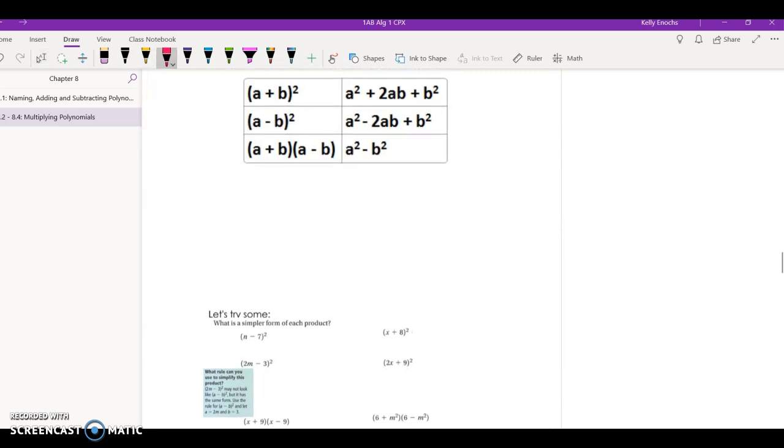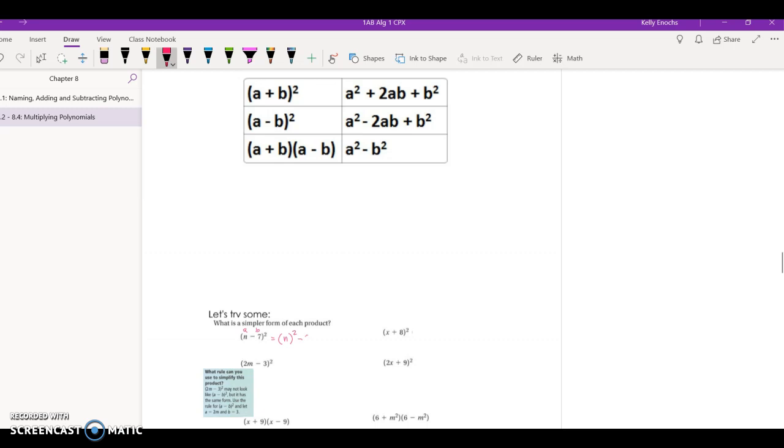In this first example, n minus 7 squared, we have an n term and a negative 7 term. So imagine that's our a and our b. If I had a minus b squared, then I'm going to use this pattern up here, a squared minus 2ab plus b squared, to help me multiply this. So the first thing I'm going to do is take my a and square it.